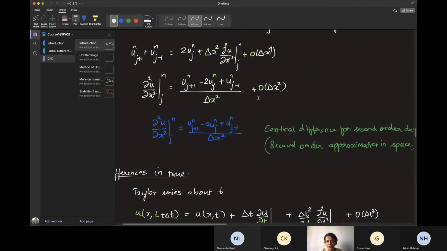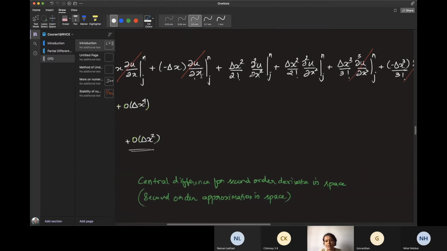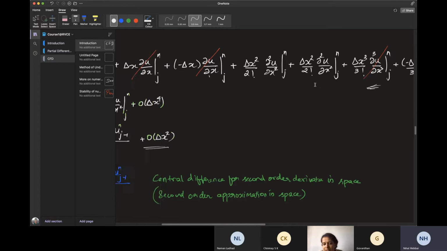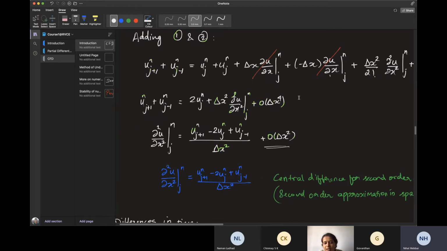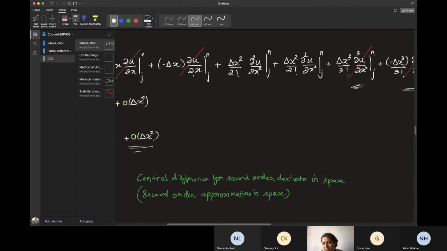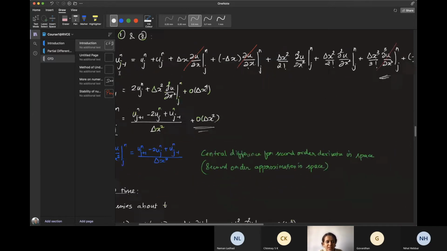Okay, this has second order accuracy because this term will go off. For dou squared u by dou x squared, we derived first order accuracy earlier. For this one, it has second order accuracy only because the third derivative terms, that is dou cube u by dou x cube, will go off in this expression.